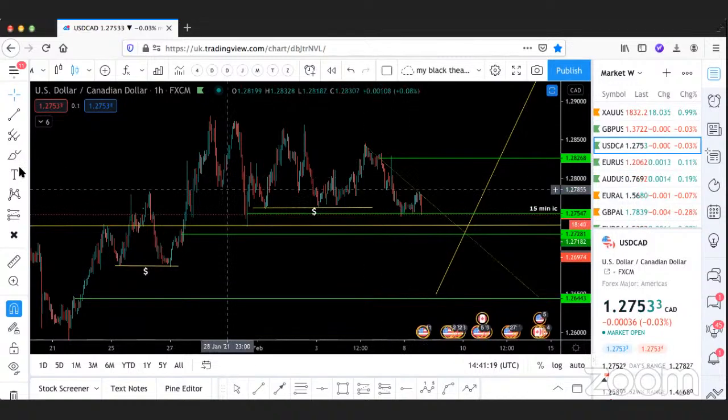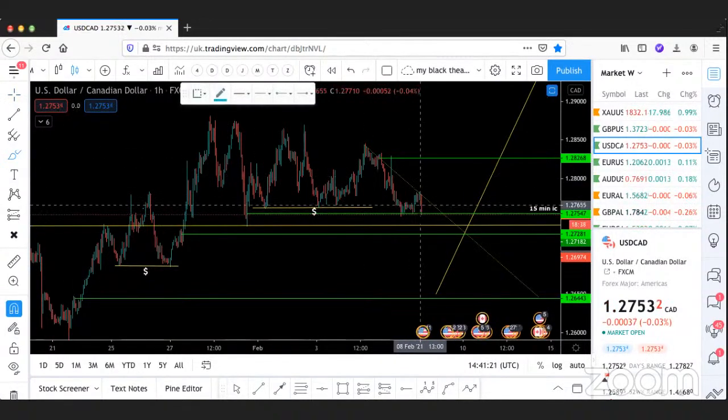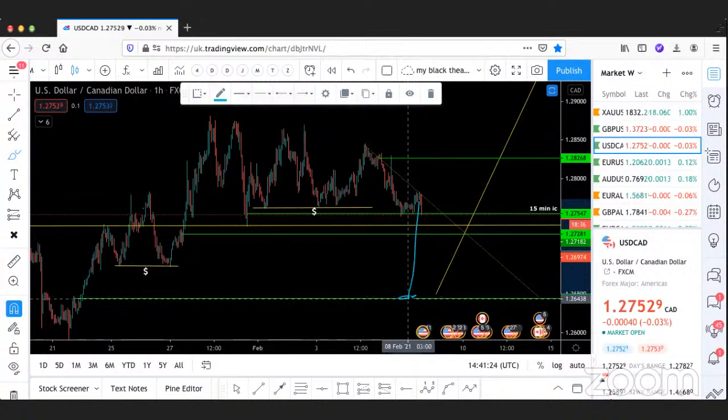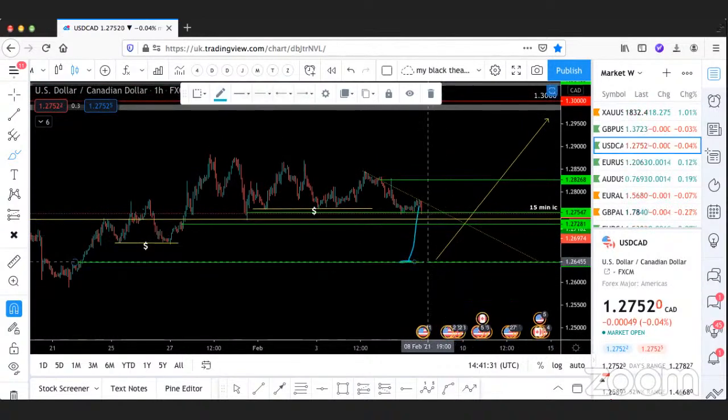possibly we could look for some selling opportunity on this price level area. If USD comes here, we can reassess the situation, then we can take the pair. Possibly we can look for some buying opportunity from these price level areas.